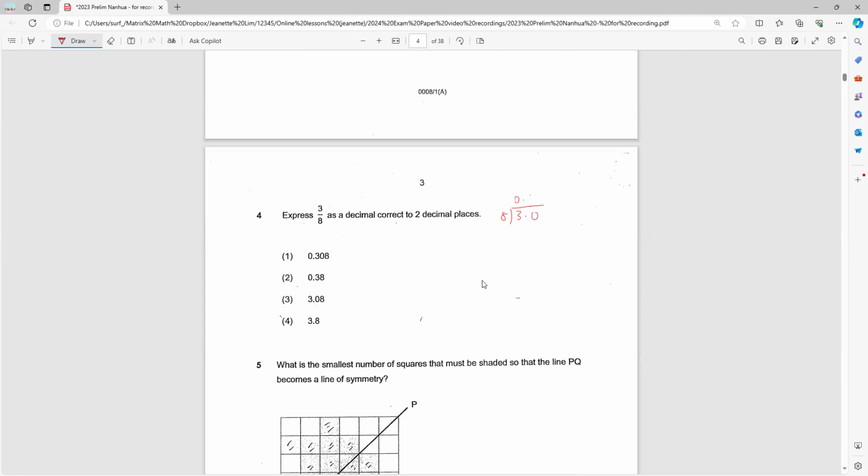You get 3, 24, 6. Bring down another 0, so you have 60 here. Then the next number is a 7. 7 times 8, 56. And you have 4. Bring down another 0. Because they say 2 decimal places, don't stop at 2 decimal places. We do a 3rd decimal place because we want to check whether it can be rounded up or not. Okay, 0.375, yes, you have to round it up. So 0.38.